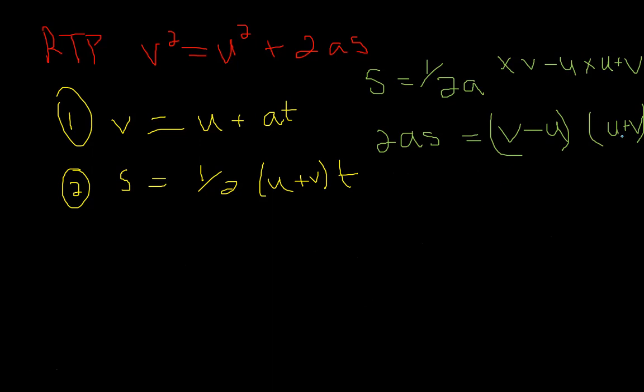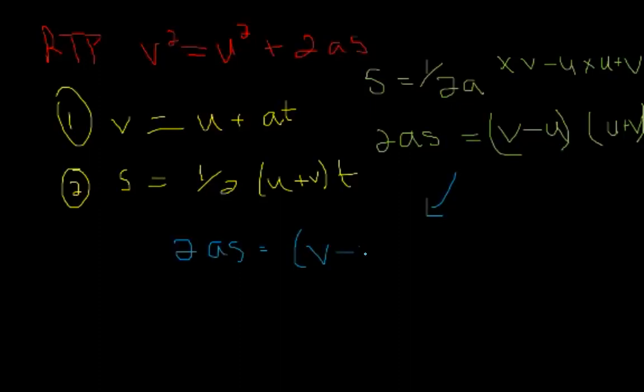So some people might pick up on this immediately. Okay, v minus u times u plus v, that's a difference of two squares. Some people may not, and that's okay. So for the people who don't see it, remember what I was just explaining about addition being commutative and it does not matter which order you put it in, it would still be the same. Just like 2 plus 3 is 5, but I can also say 3 plus 2 is 5. I could switch the order.